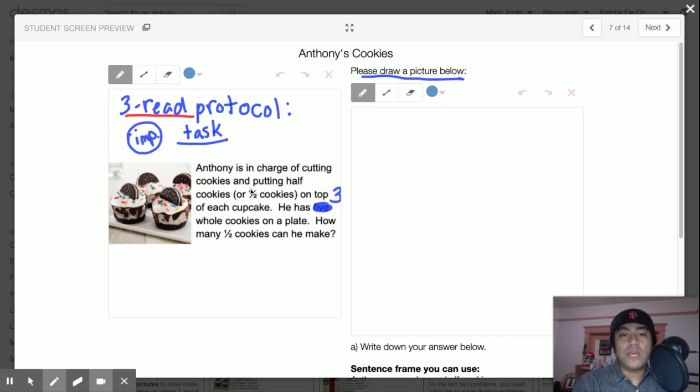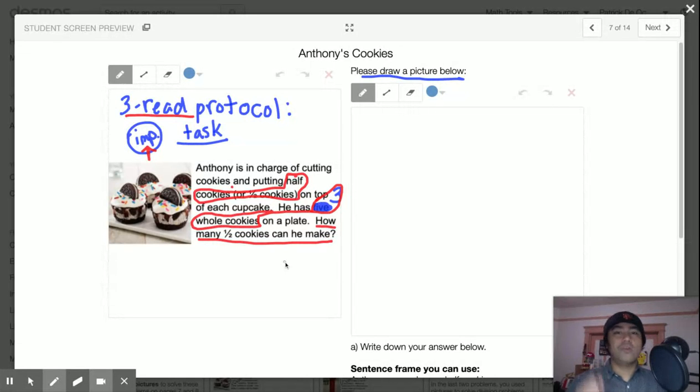I read this problem 3 times. I know that we need to figure out how many half cookies can he make, okay? I know that we're talking about half cookies or 1/2 cookies. So I'm circling that because it's important. I also know that he has 3 whole cookies. Anthony has 3 whole cookies. So I'm also circling that.